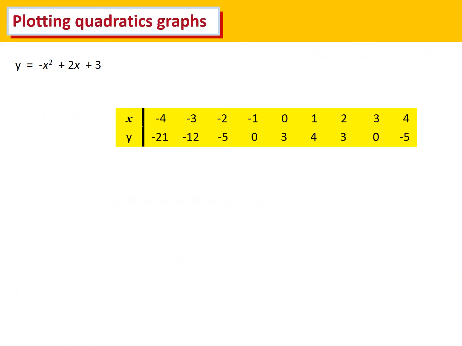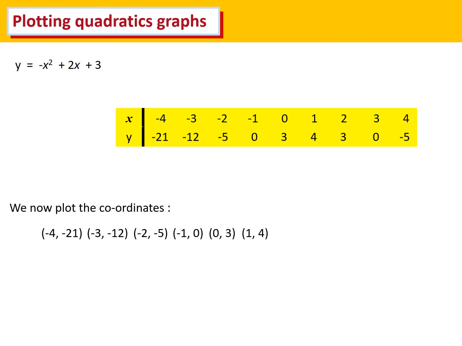In this example, we've got a negative x squared in our equation, so let's see what difference that will make to the curve. As ever, from those tables of values, these are the coordinates we are plotting. -3, -12, -2, -5, and then the remainder of the coordinates.